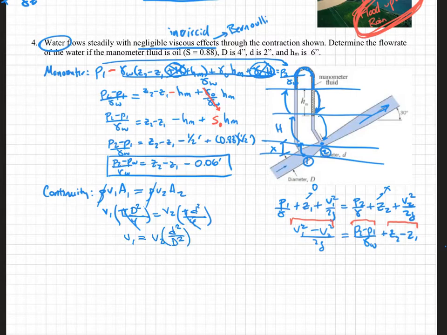Noting that little d is 1/2 of big D, when we plug those in we get that V2 equals 4V1, or really V1 equals 0.25 V2. But I prefer not working with fractions. So now we're ready. We can plug these two things into Bernoulli and solve this.